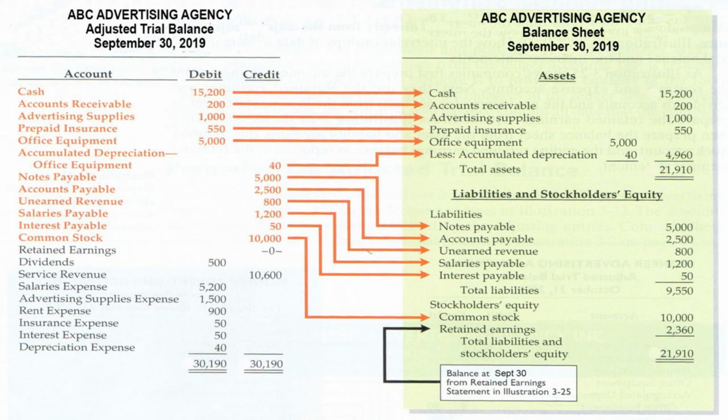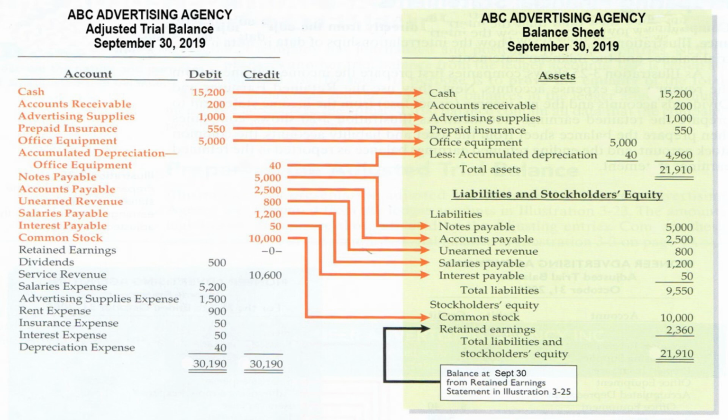So, sa debit and credit natin, ang sabi natin, yung assets, mag-i-increase siya pag nag-debit ka. Yung liabilities, mag-i-increase siya pagka nag-credit ka. So, saan nanggagaling yung ating mga liabilities and stockholders' equity? Nasa credit side ng trial balance. Saan naman magagaling yung assets? Nasa debit side ng trial balance.